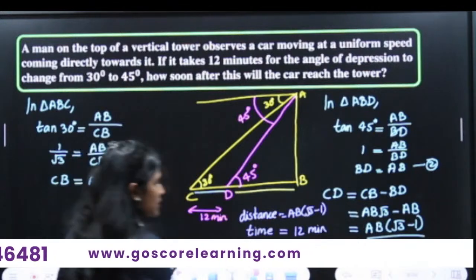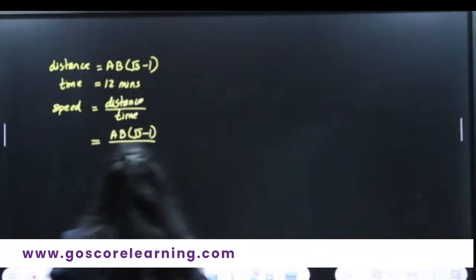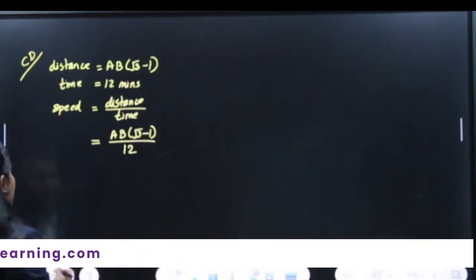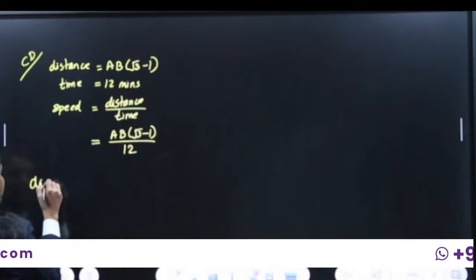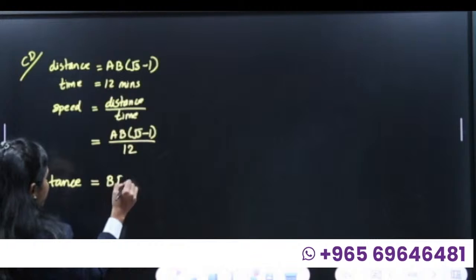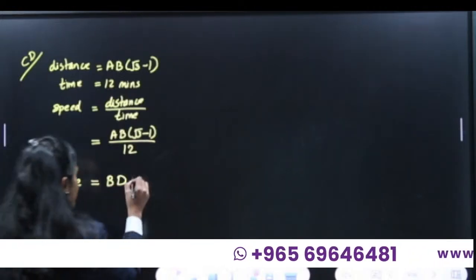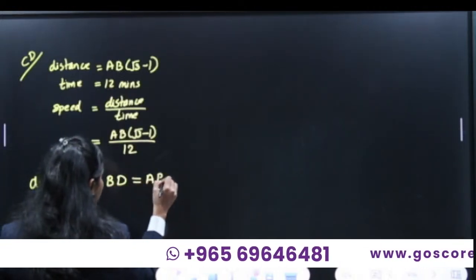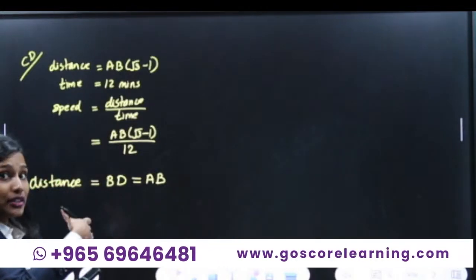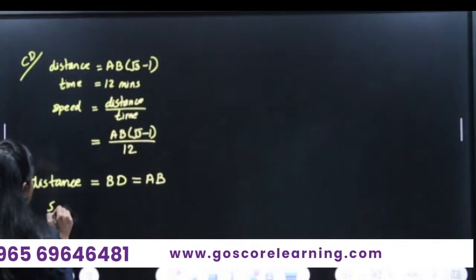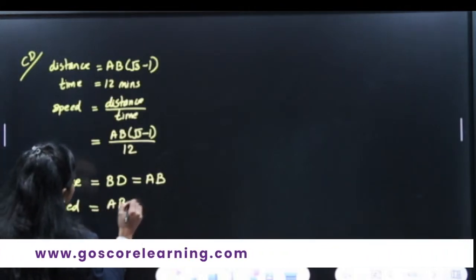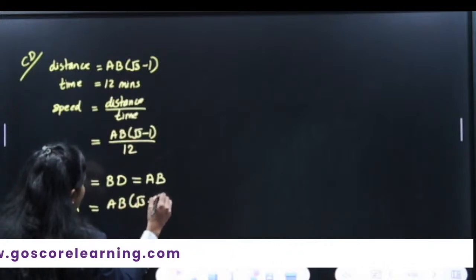So in the case of CD, the distance CD, now we will take the distance as BD. BD is equal to AB. Now we don't know the time, but we know the speed, right? So the speed is AB into root 3 minus 1 divided by 12.